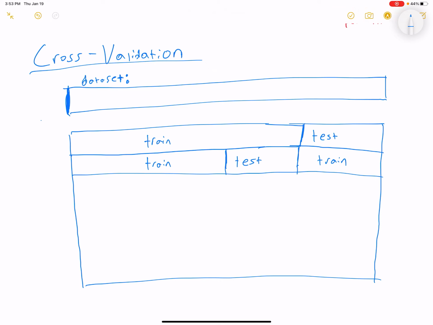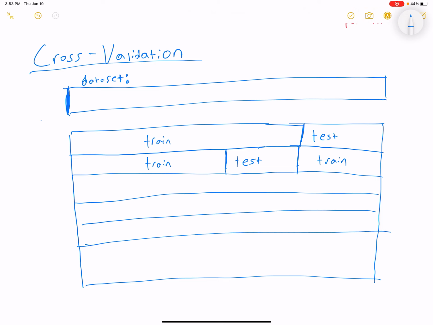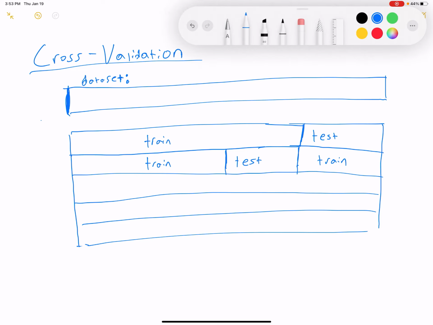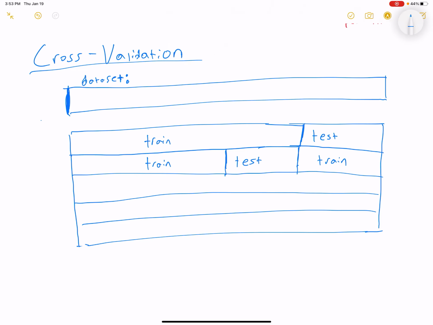So what we do in cross-validation is you specify a number of folds. So here I'm going to draw 5-fold cross-validation. So we can have test here, train here, and train here.